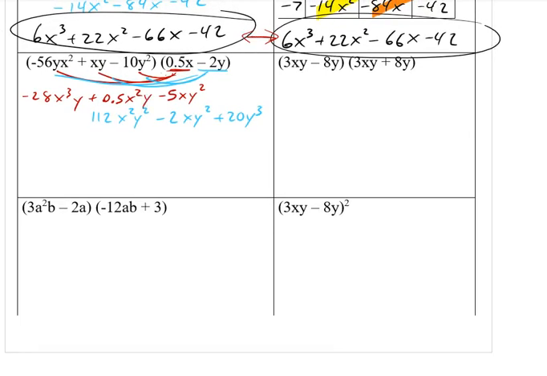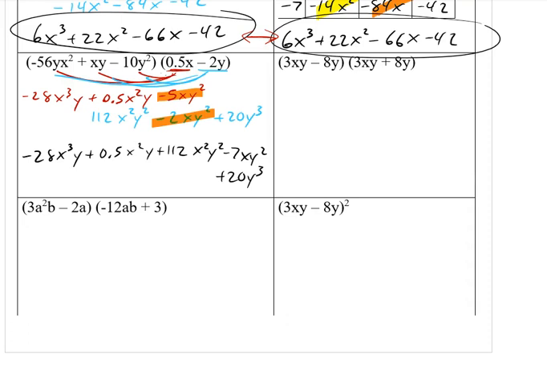Same thing for the negative 5x. Sorry, this one here would combine with this one because they both have x, y squared. And so now we combine like terms and we get negative 28x cubed y plus 0.5x squared y plus 112x squared y squared minus 7xy squared plus 20y cubed.